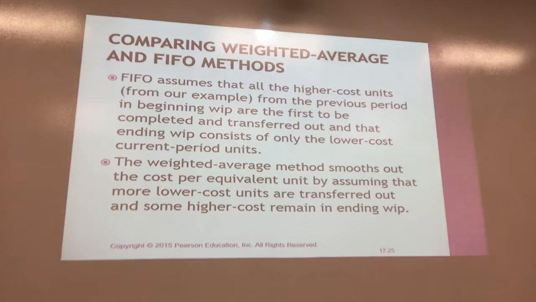FIFO assumes that all of the higher cost units from the previous period in the beginning working process are the first to be completed and transferred out, and that the ending working process consists only of the lower cost current period units. The weighted average smooths out the cost per equivalent unit by assuming that more lower cost units are transferred out and some higher costs remain in working process.